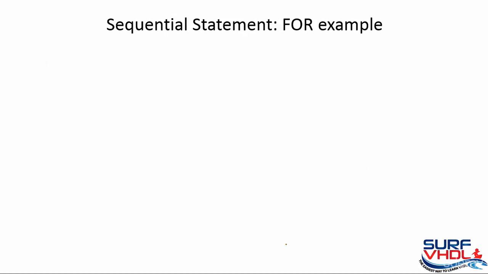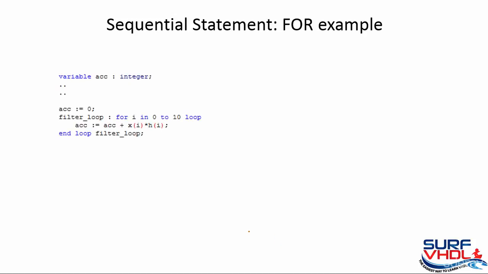Let's see some examples of a for loop statement. This example implements a behavioral model of a FIR filter. The statement iterates 11 times and accumulates the value of the multiplication of x_i by h_i in the ACC variable.